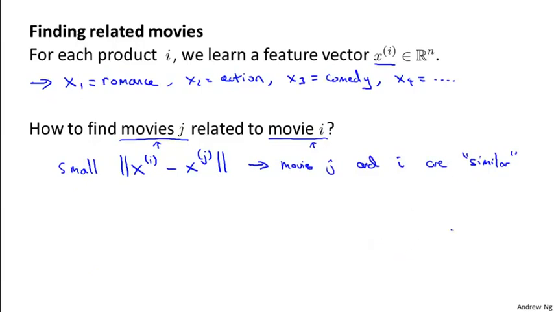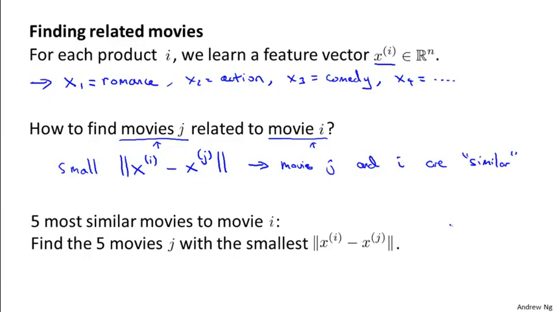So just to recap, if your user is looking at some movie i, and you want to find the 5 most similar movies in order to recommend 5 new movies to them, what you do is find the 5 movies j with the smallest distance between the features of these different movies. And this could give you a few different movies to recommend to your user.